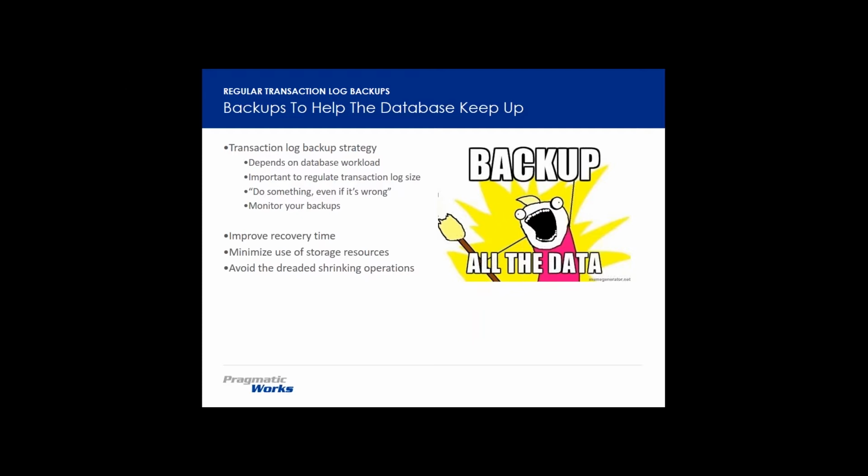We hope it doesn't. In an always-on AG setup, that's much more complicated because of how the AG works. You're taking log data, you're shipping it to replicas, it's being restored there. Shrinking a file is a fairly simple process for a standalone instance.